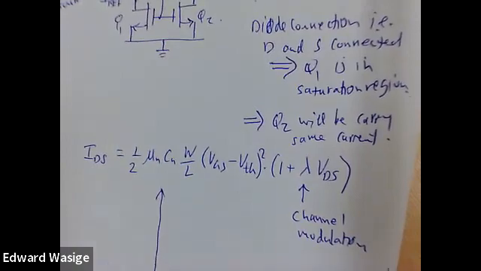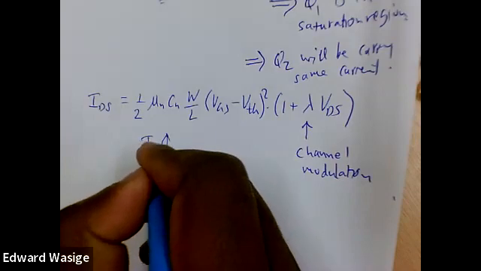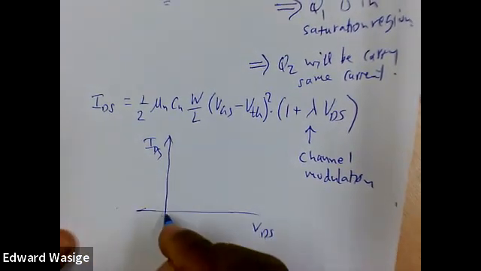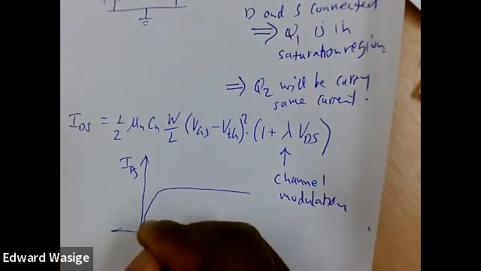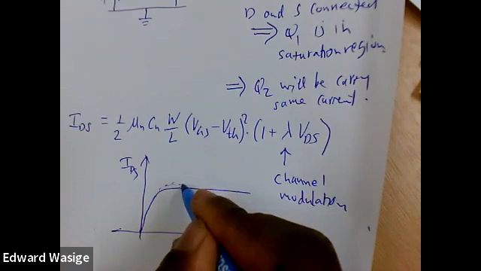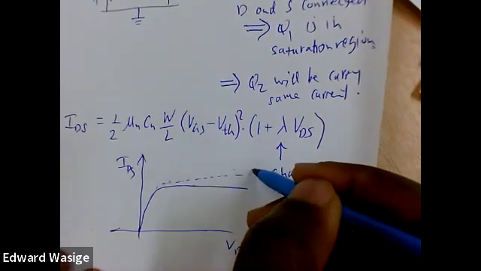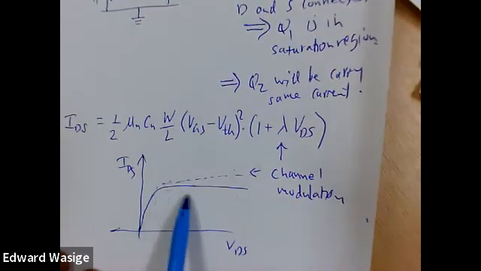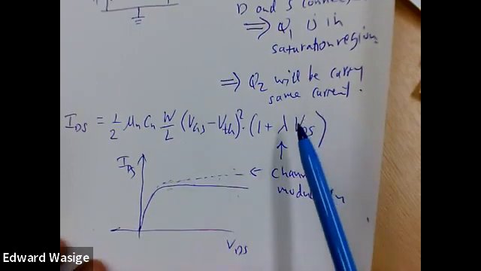Ideally, for an NMOS device, if that's IDS and that's VDS, for one value of VGS, ideally that's flat. But for smaller gate lengths, when we increase VDS, the current can increase a little bit, especially for short channel devices.